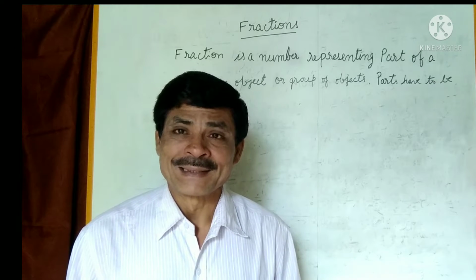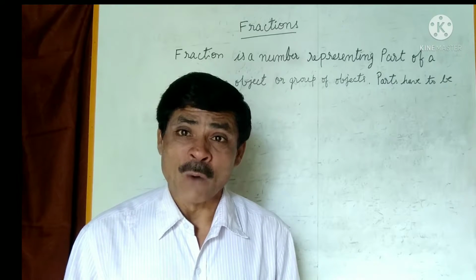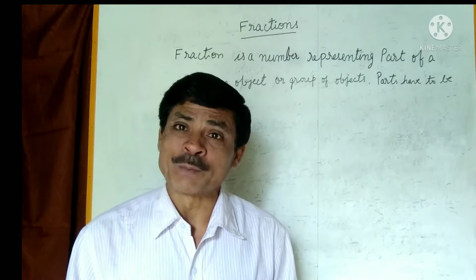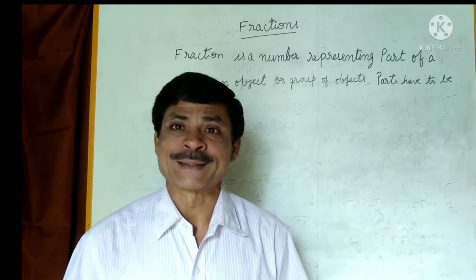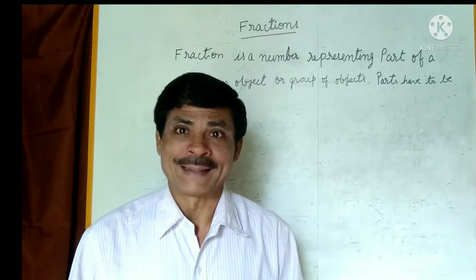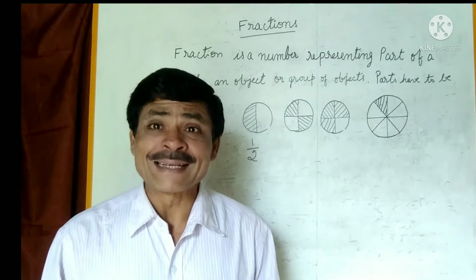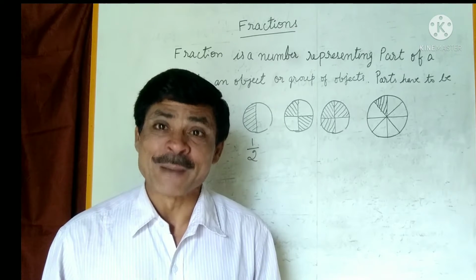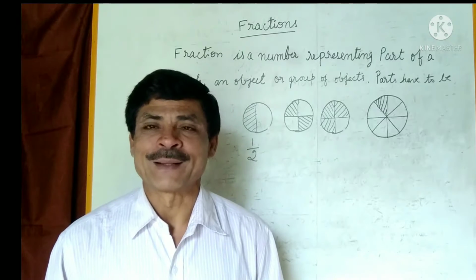A fraction is a number representing part of a whole, an object or group of objects, but the parts have to be equal. To understand the meaning of fractions better, let us take one example.